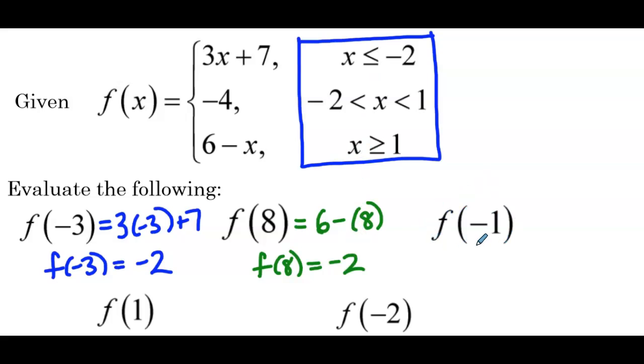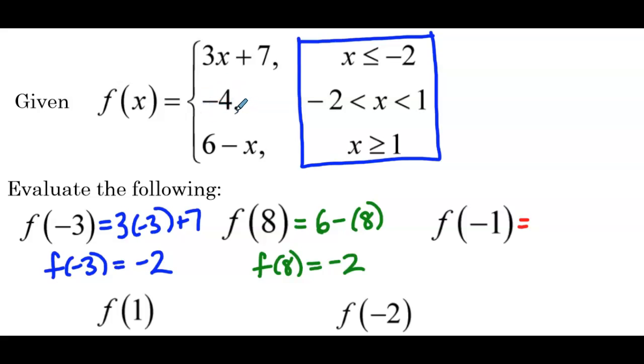F of -1. So if our input is -1, looking at our domain restrictions, that falls into the middle domain restriction. Negative 1 is between negative 2 and 1. So we're inputting into this piece of the function. Now there's no x value there. So how do I put negative 1 into negative 4? Well, we don't.